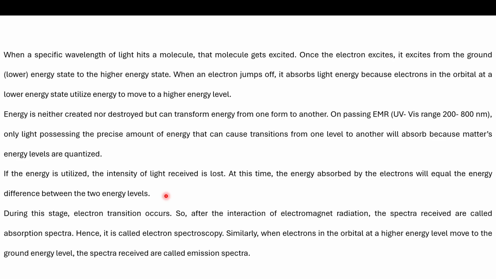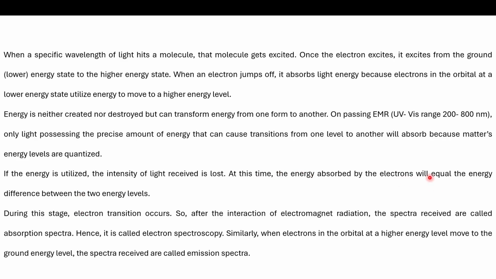That x amount of energy is the energy difference between the ground state and the first excited state, energy level 1.